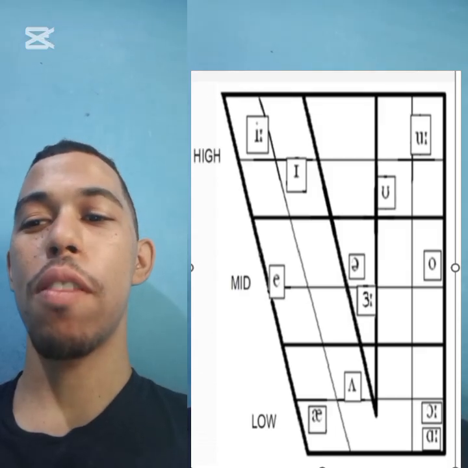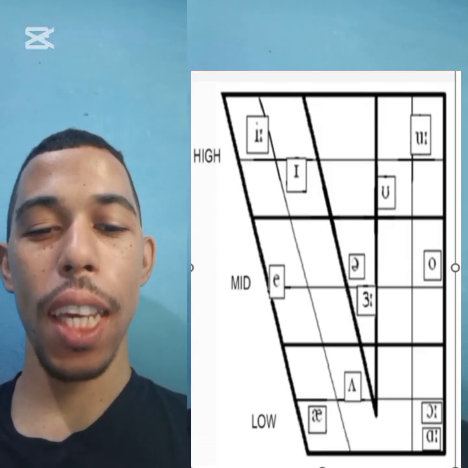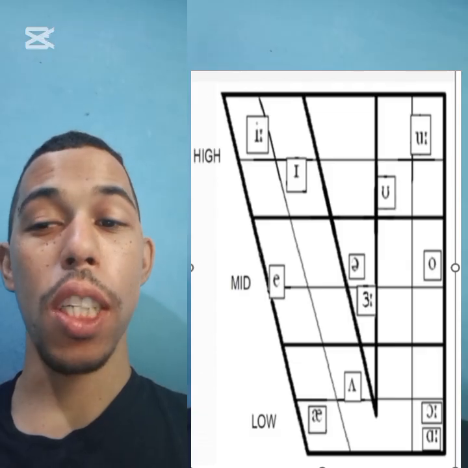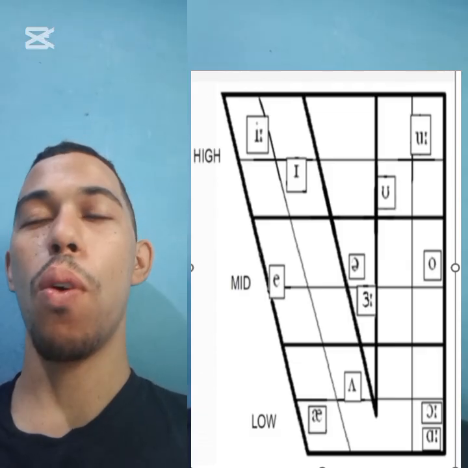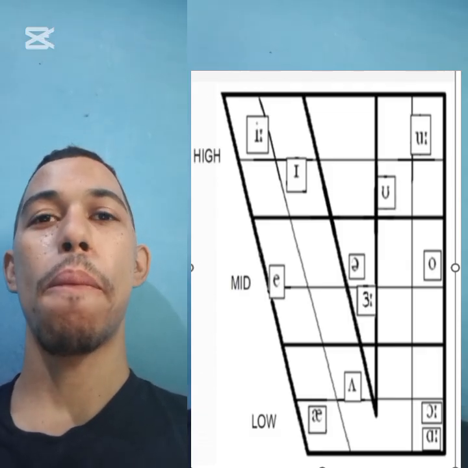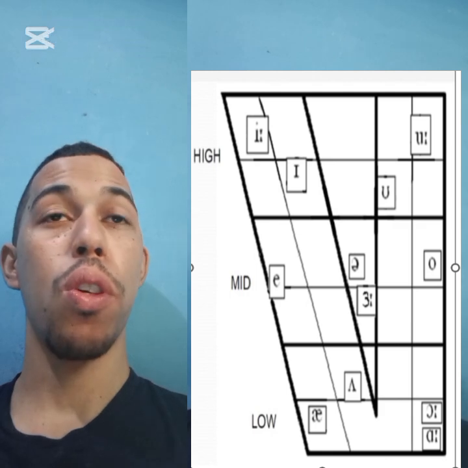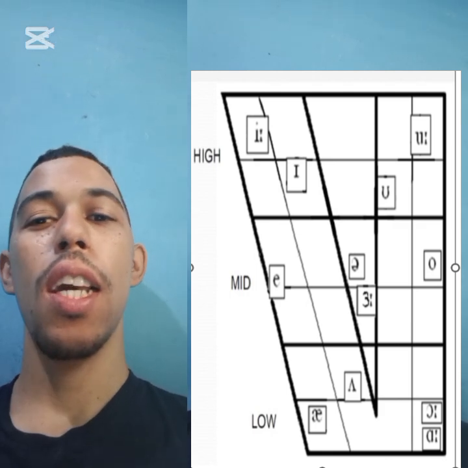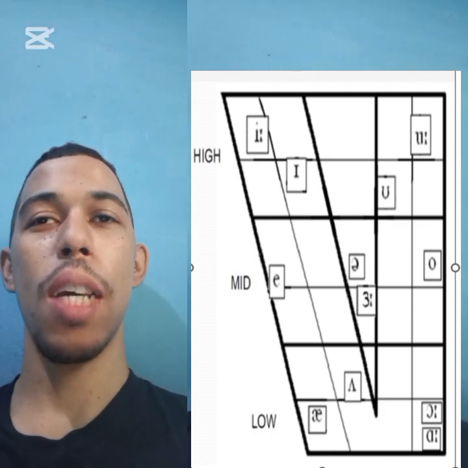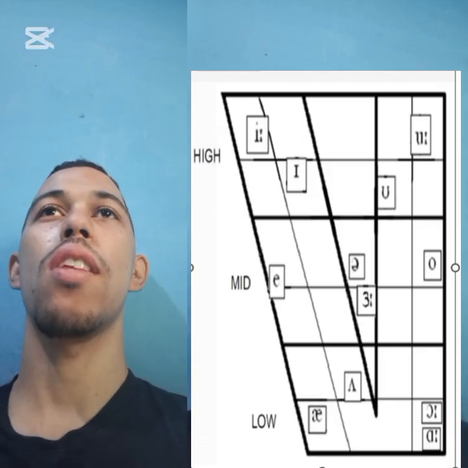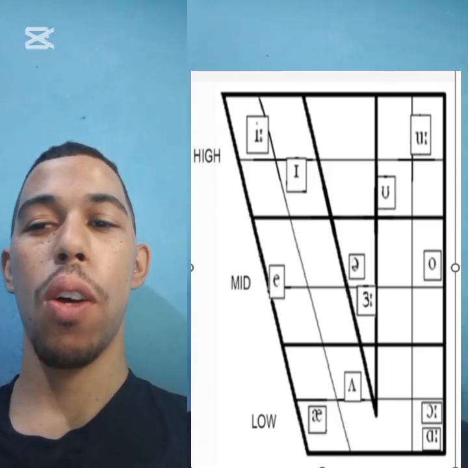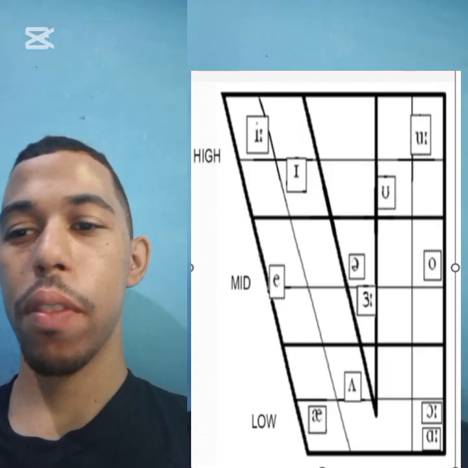A little lower, we have the phoneme "ih", which is more relaxed and shorter, with less stress, and we can see this phoneme in words like "fish" or "sit".